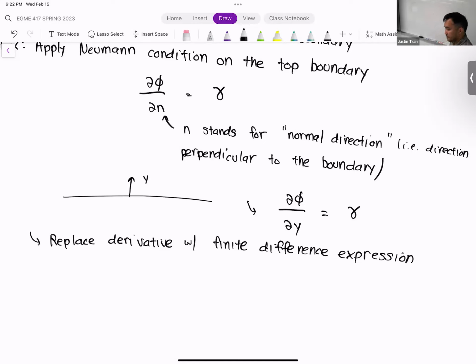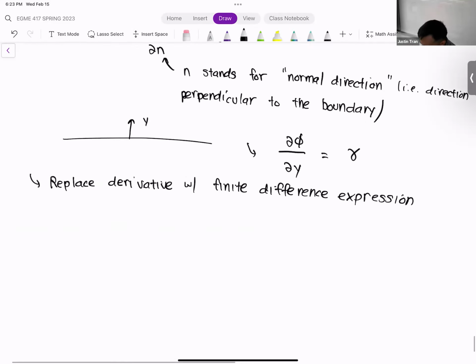And so this is going to be no different. But we want to make sure that when we apply these derivatives, we do it in a consistent way, no matter if we're on the top boundary, the bottom boundary, left boundary, or right boundary. So this is the convention that I usually like to use.